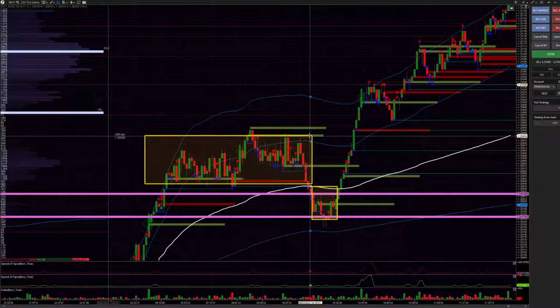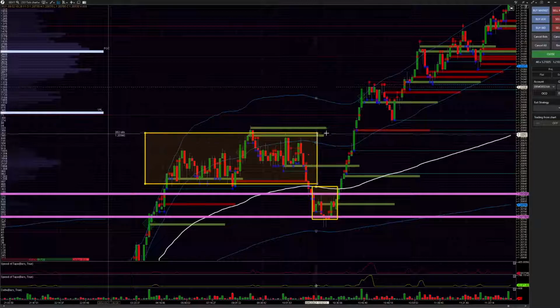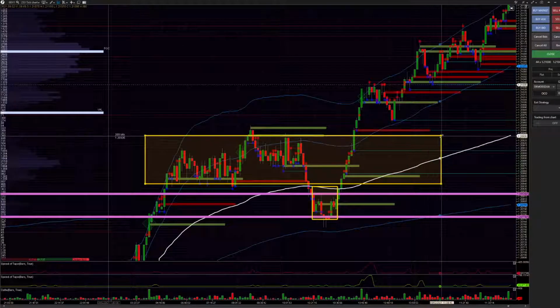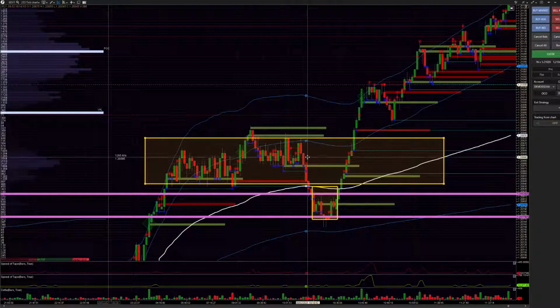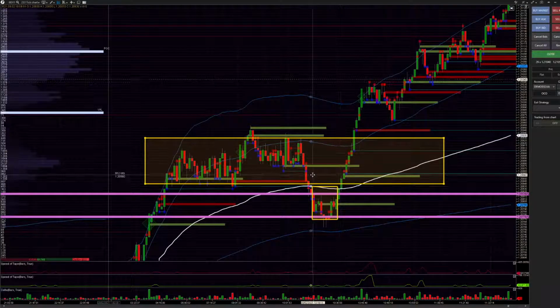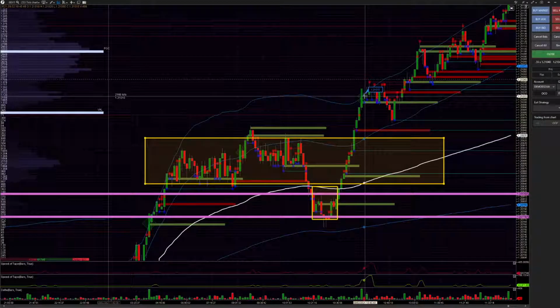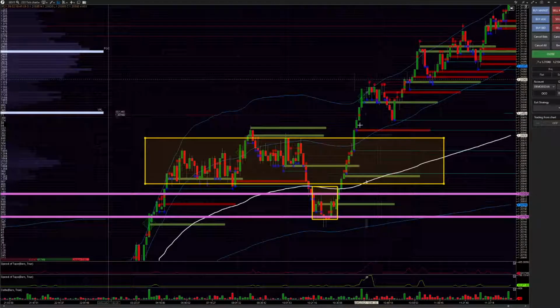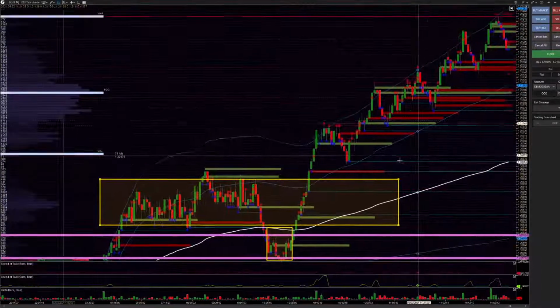But what is interesting here is where this rotation ended, and we know that it ended when it broke either on the downside or the upside. In this case, we can see this going on the upside.